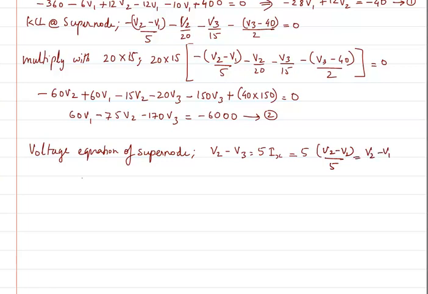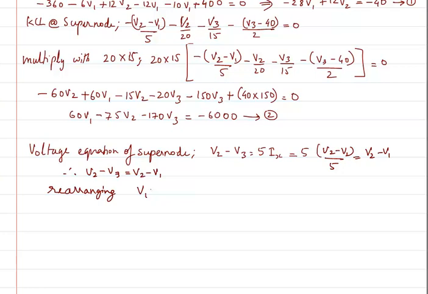So from here, V2 minus V3 is equal to V2 minus V1, rearranging, because we have to get it in a simultaneous equation form. So I will bring V1 the other side, so it becomes plus V1. V2, if I take the other side, V2 and V2 cancel off, so it is 0.